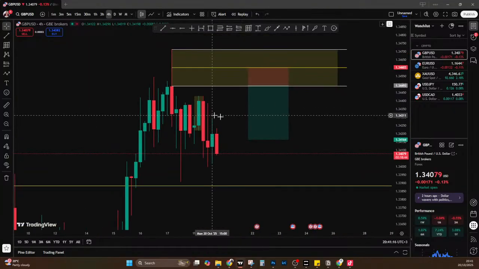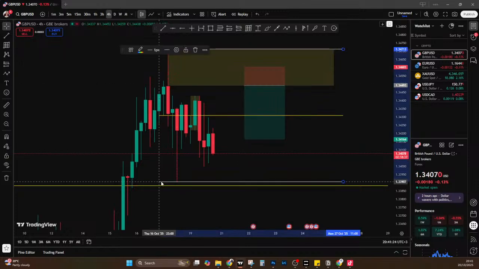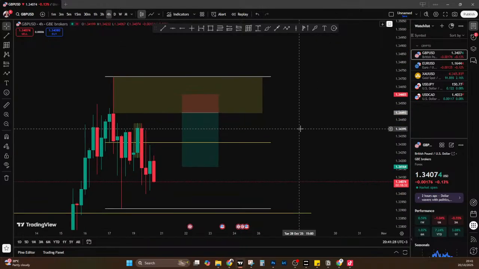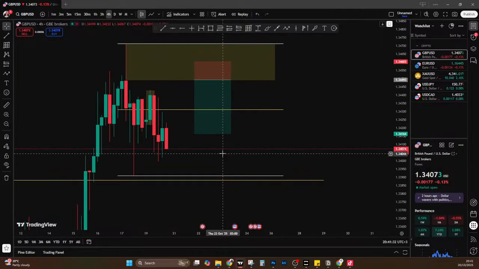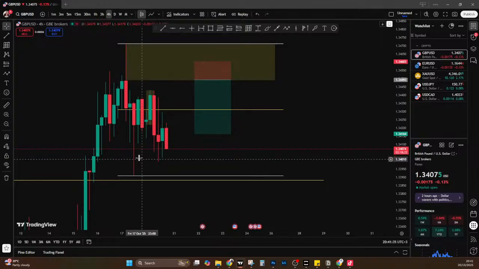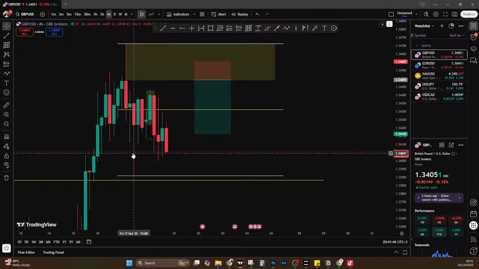Now, if you take this high and that low, can you see where the market is right now? But if you check, there is a wick here. This wick was mitigated by this wick here, because this is the one that took the 50%.